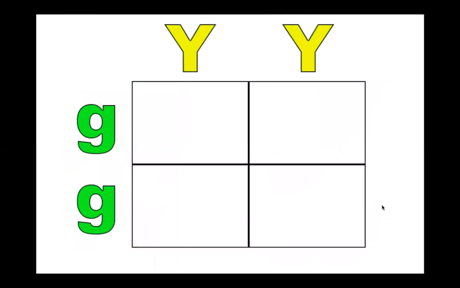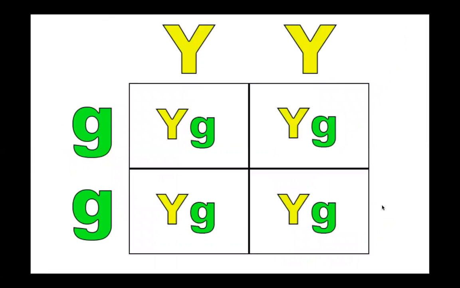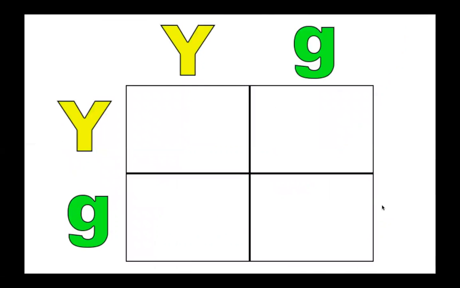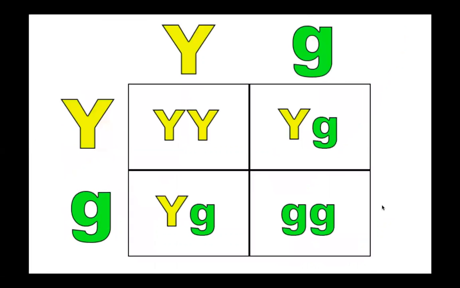By inserting the letters into the Punnett square, all 4 of the offspring will have 1 dominant Y. The Y overpowers the lowercase g. But when you insert 2 of the offspring into the Punnett square, known as Yg, 1/4 of the offspring will have 2 lowercase g, 2 recessive traits, meaning 1/4 will be green.